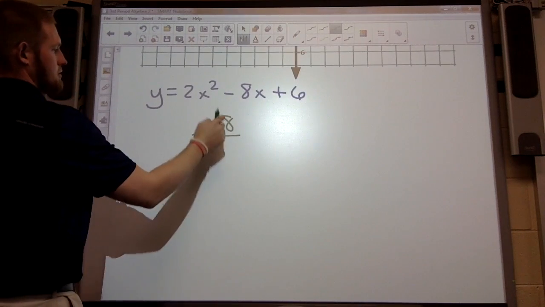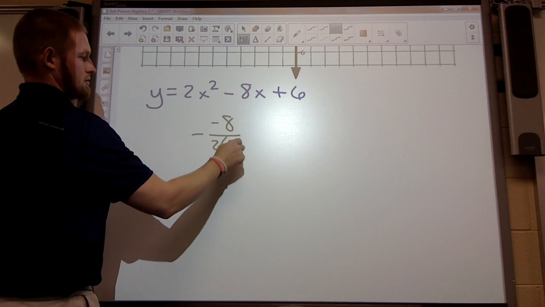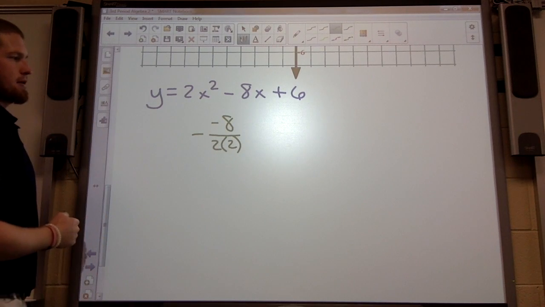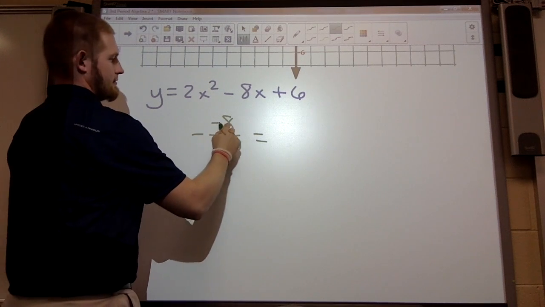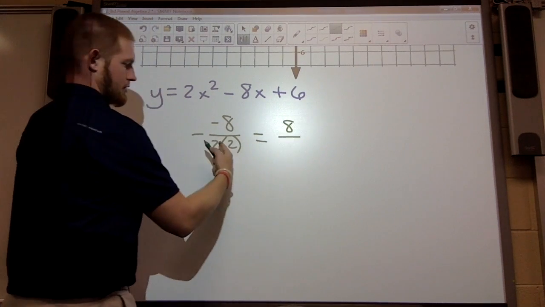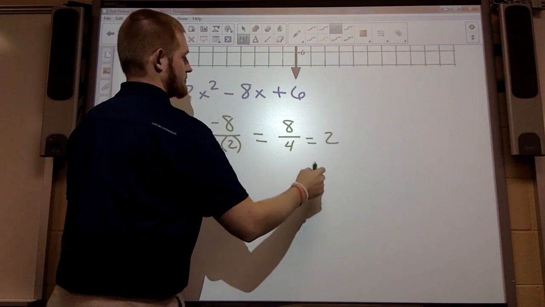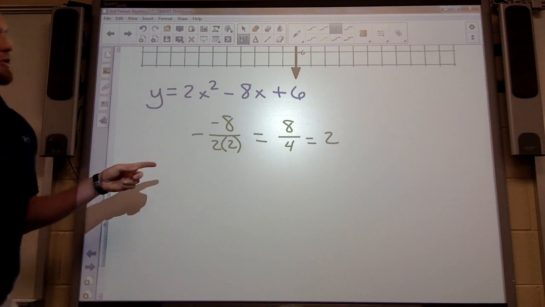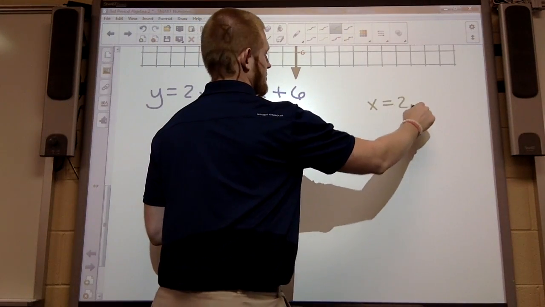So I have 2 times a, which is 2. Right? This simplifies down to, well, negative 8 is a positive 8 over 2 times 2, which is 4, which is 2. Okay? So I know that x equals 2.